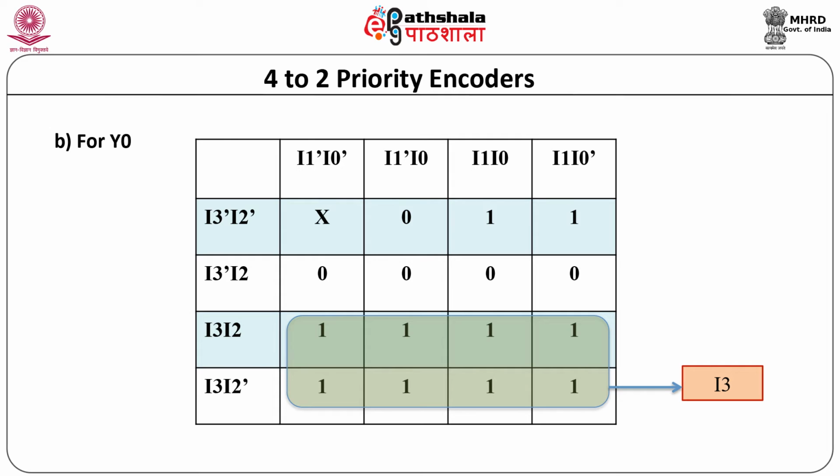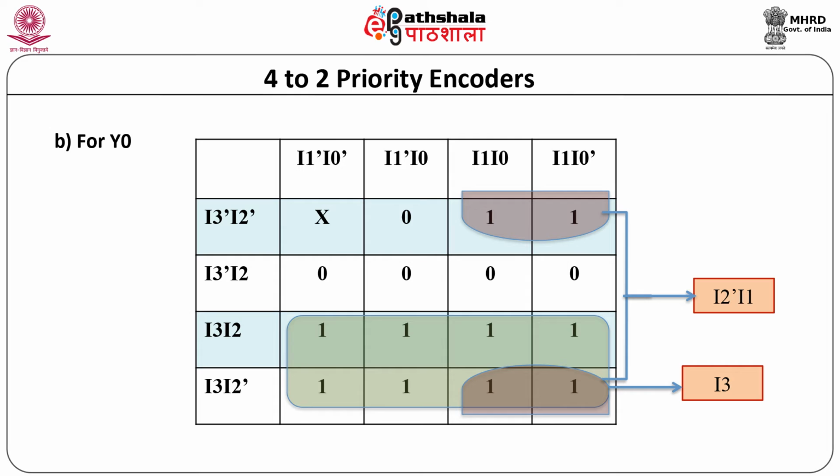From visual inspection of the K-map, it is possible to form another group, that is quad. This quad provides only I2 bar I1 by visual inspection and eliminates rest of 2 variables. The remaining unchanged variables are written in the simplest form as Y0 is equal to I3 or I2 bar and I1.